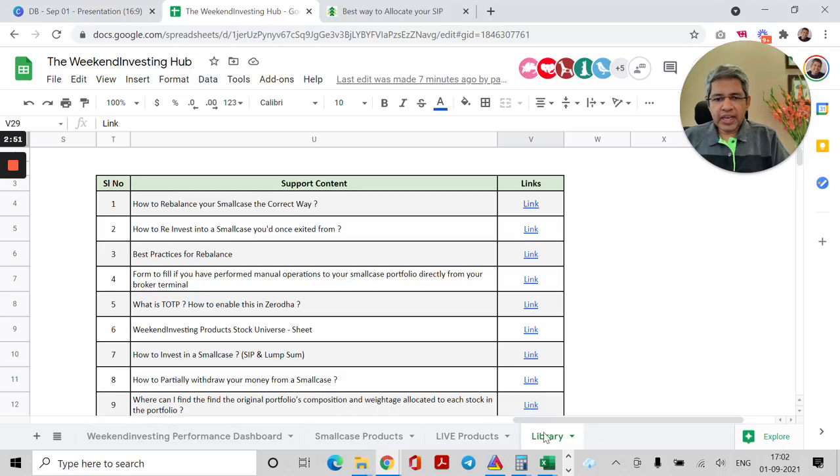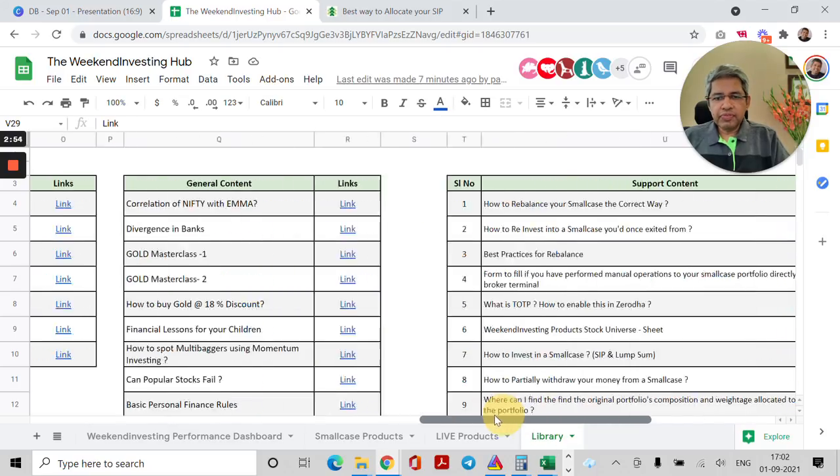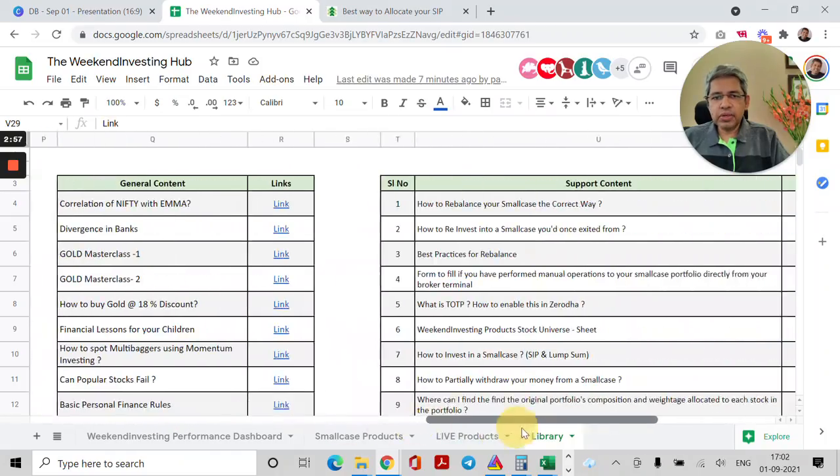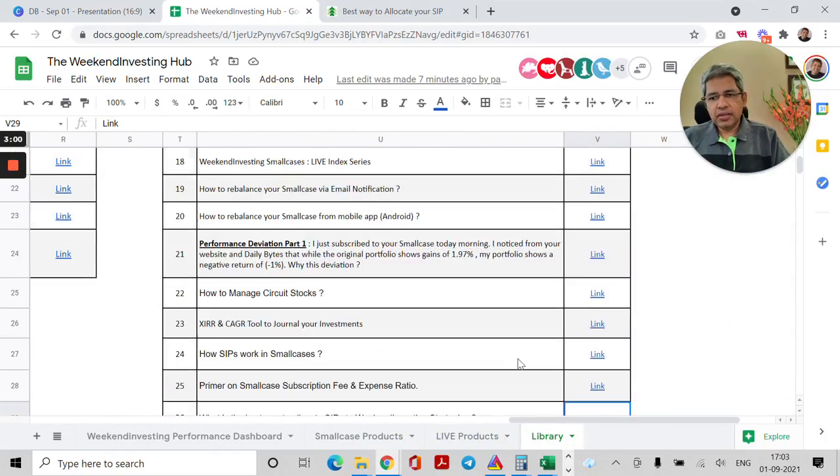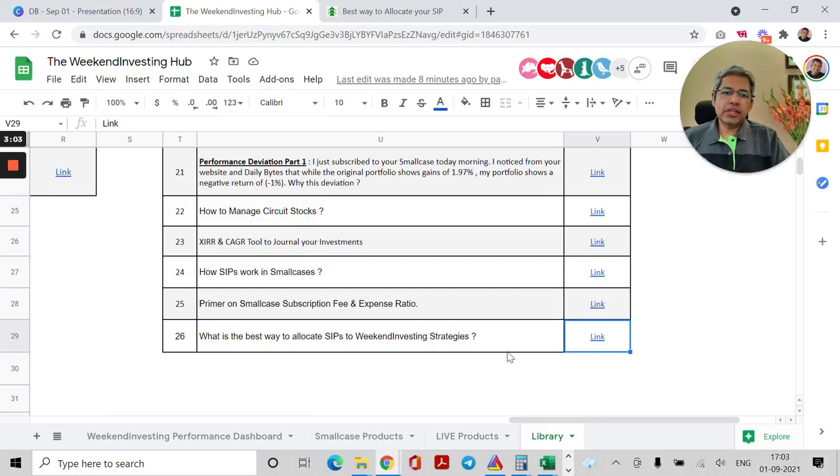If you go to the library tab, you will find that all these content items are available to you, and we are continuously adding more so that each and every part of smallcase investing is crystal clear in terms of procedures, what is doable, what is not doable, what costs are involved, and so on and so forth. For example, if you are managing your stocks manually, how do you inform smallcase, and so on. Today we are going to talk about item number 24 in the library on how SIPs work in smallcase. You can click the link here and you'll come here.